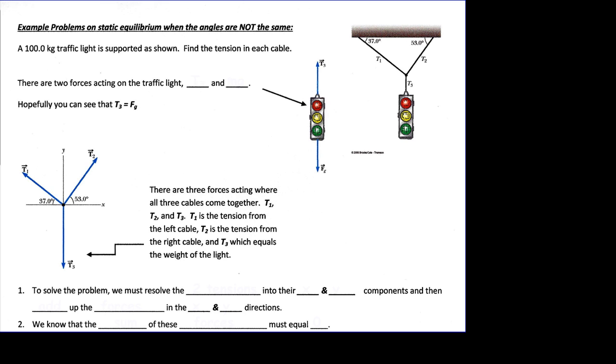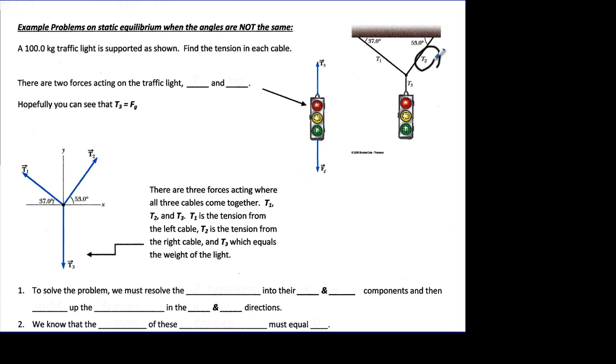Well, in this case, because the angles are not the same, they're not equal to each other. What you're going to find out, and this is something to make note of so that you can double check, is that T2, because it's more vertical, will always have a greater tension in it than T1. So when you find T2 and T1, compare them. If T2 isn't bigger, you know you've done something wrong and you've made some sort of error.